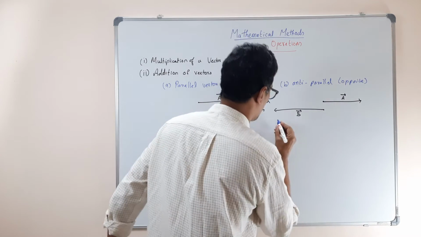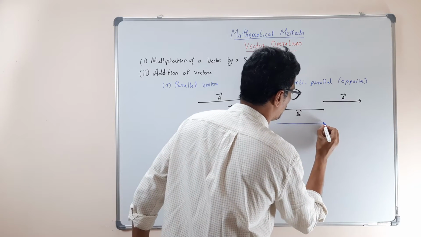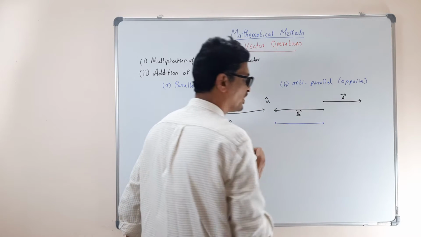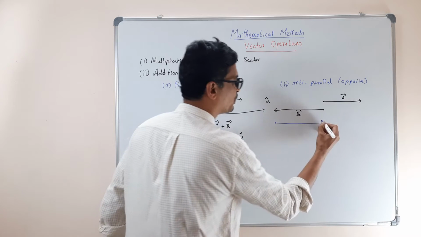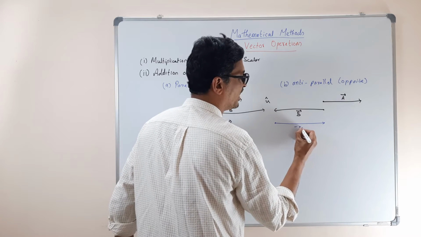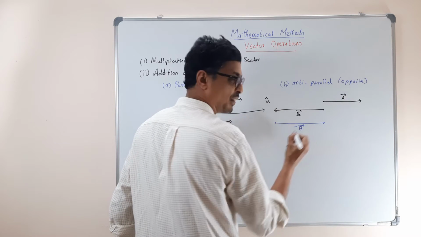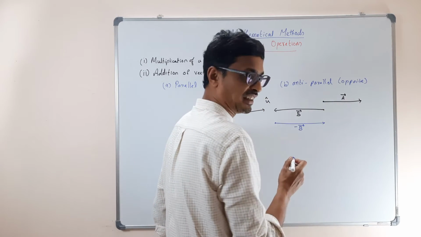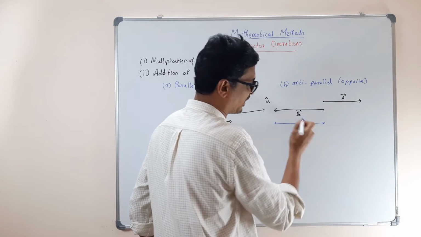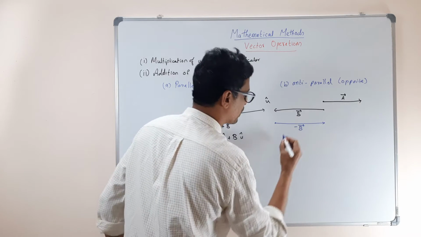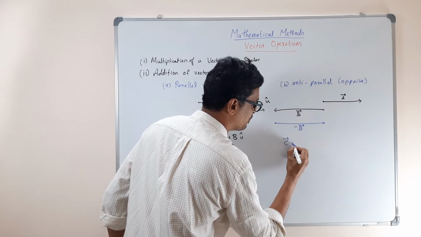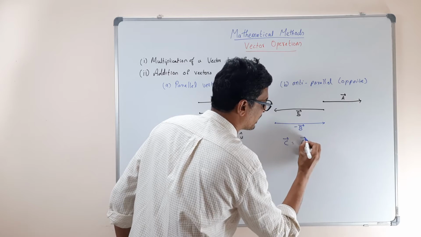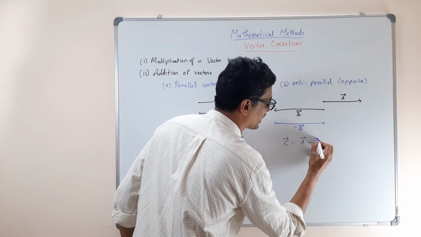What's the opposite vector? It will have the same magnitude, only the direction will be opposite. So what will be that vector? Minus B, am I right? That's the negative vector we wrote. Now they both have the same direction, so you can add A vector and B vector, right? Then your C vector will be A vector minus B vector.